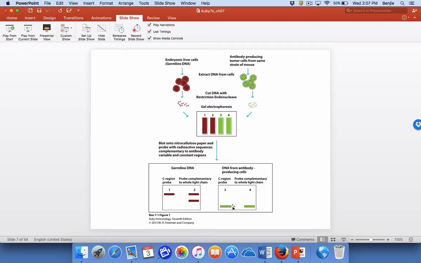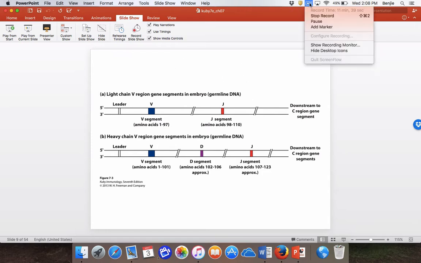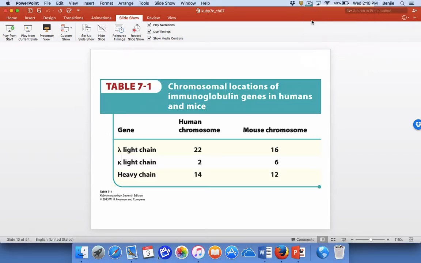So the VJC regions are connected here, and all that intermediate DNA has been cut out. So it's a much lighter molecule and it runs down faster. Now, the difference with the heavy chain is you have VDJ and C. So VJC is in the light chain, VDJC is in the heavy chain.